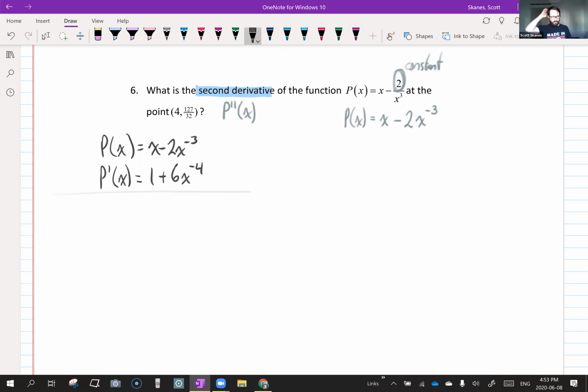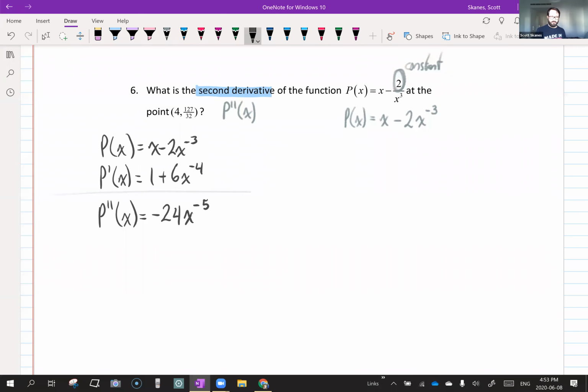Once I have the first derivative, it's just as easy to get the second derivative. You do the derivative again, and it almost always gets more simple. The second derivative is 0, the derivative of 1, because the derivative of a constant is 0. And then 6 times negative 4, negative 24, x to the power of negative 5.